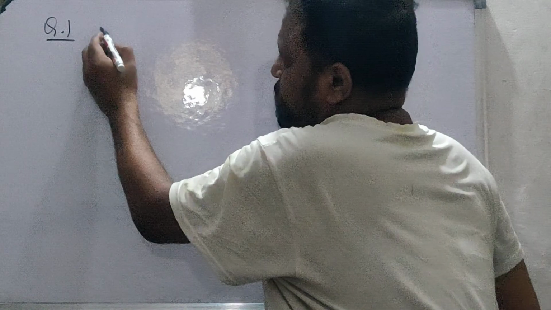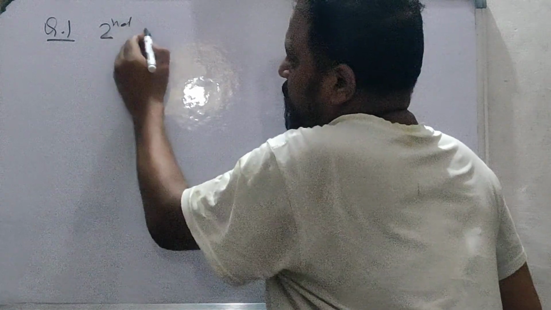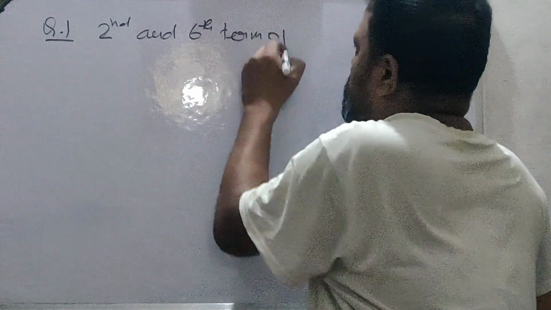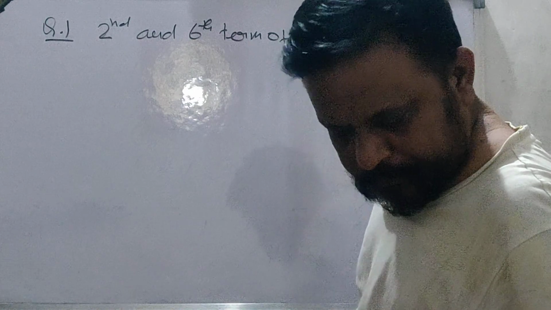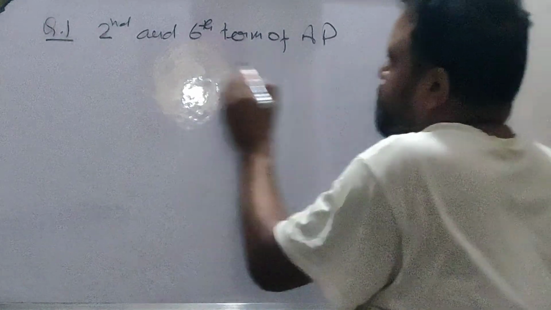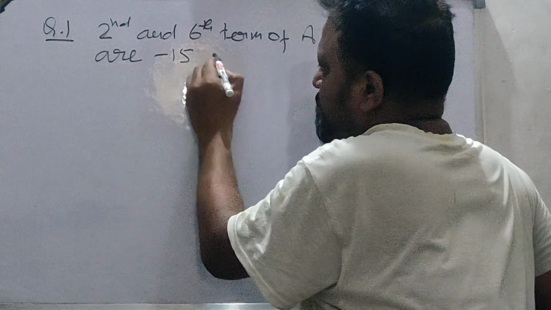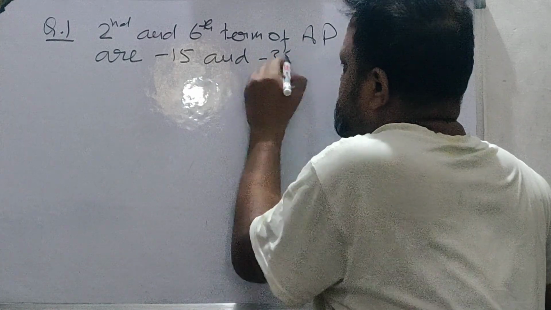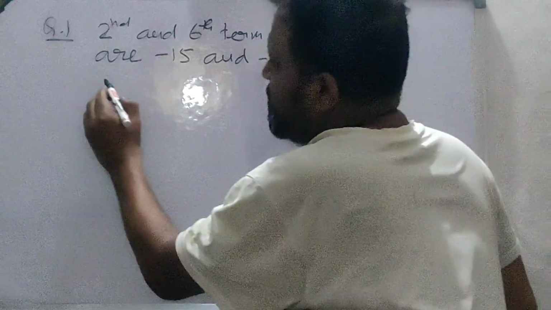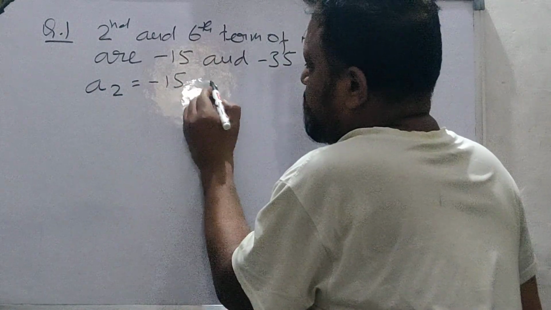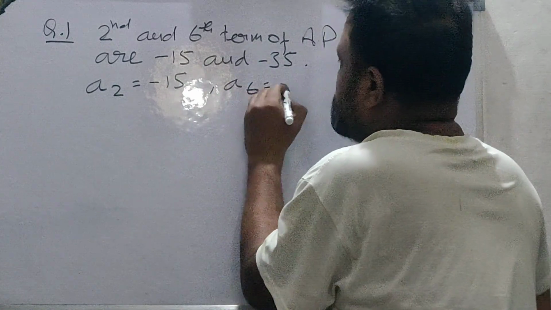Question number one is: if the second and sixth terms of an AP are minus 15 and minus 35, it means A2 is equal to minus 15 and A6 is equal to minus 35.